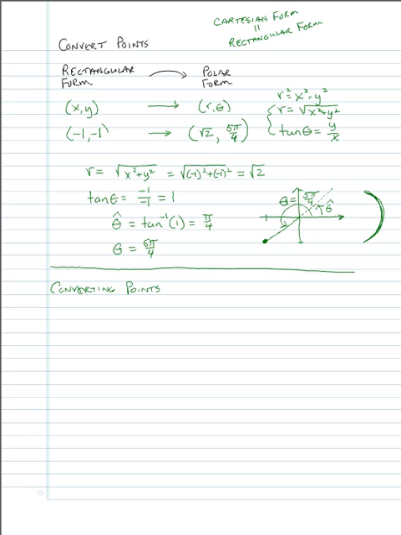Converting points. And we're talking about from rectangular, or Cartesian, rectangular to polar, or polar to rectangular. So the easy type is polar form to rectangular form.